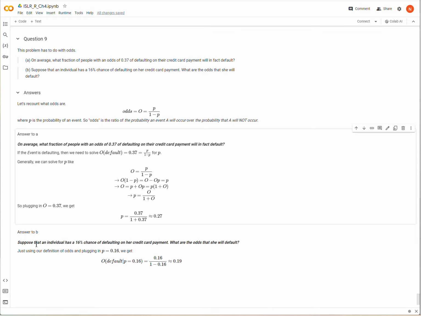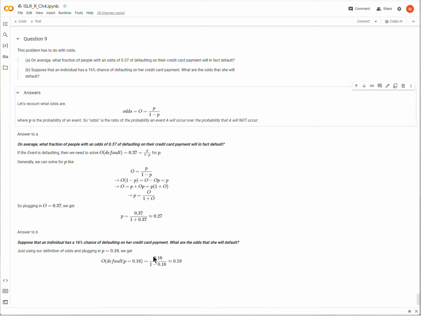So now in part B, we're going the other way. Now we have an individual that has a 16% probability of defaulting, and we want to calculate the odds. With this formula up here, we have P, and now we need to solve for O, or for odds.